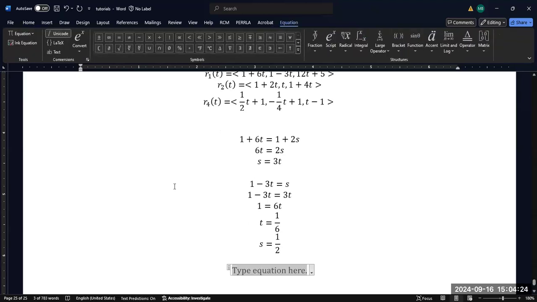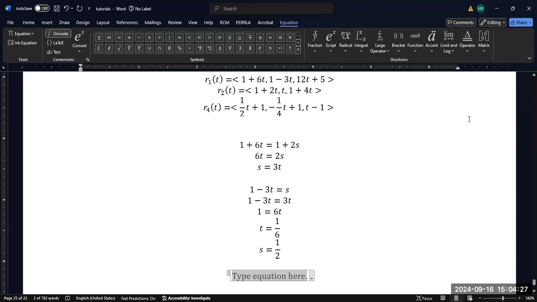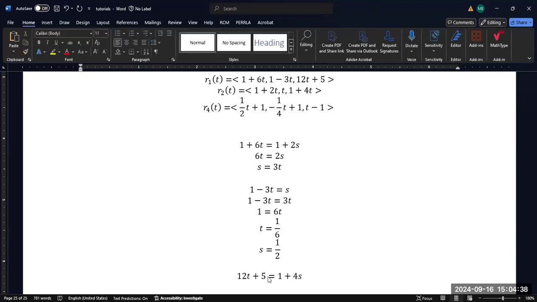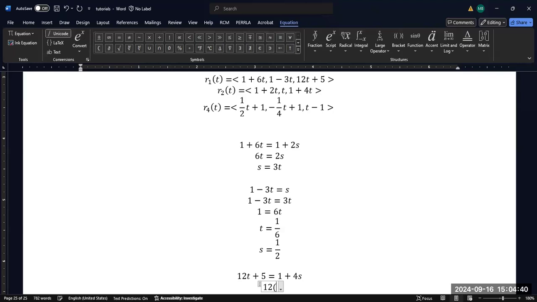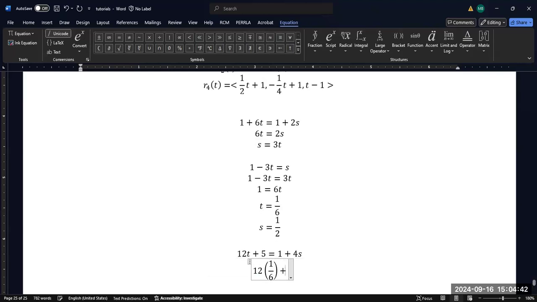And then see if that satisfies 12t plus 5 is equal to 1 plus 4s. 12 times 1/6 plus 5, and 1 plus 4 times 1/2.